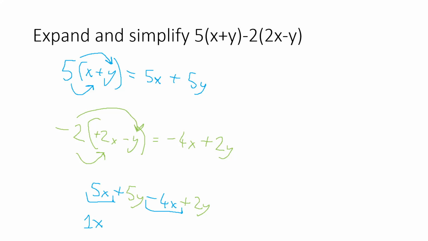And likewise, we have 5 plus 2 here. What's 5 plus 2? 5 plus 2 is just equal to 7y. And so therefore, the final answer, I'll write this in red once and for all. The final answer is x plus 7y.